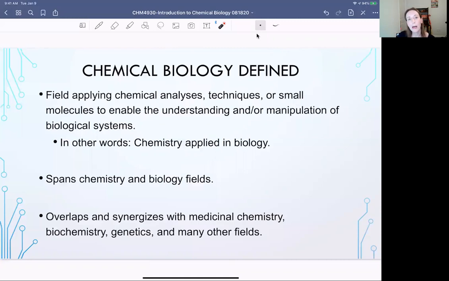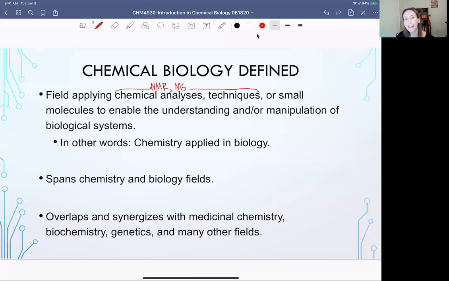When we say chemical tools, we're referring to a variety of things like chemical analyses or chemical techniques. Those could be such analyses or techniques as NMR that we'll get into in detail later in the semester, mass spectrometry that we'll also cover later in the semester, and a variety of other analytical tools or techniques that definitely fall under the umbrella of chemistry.